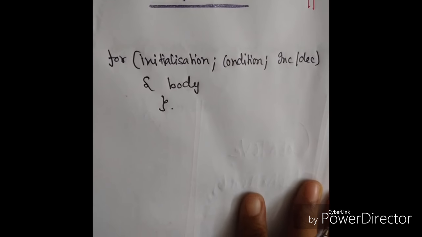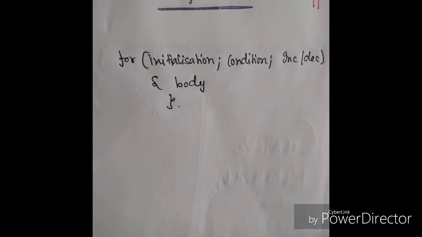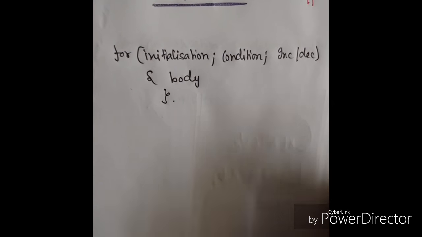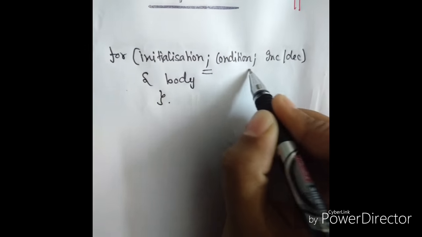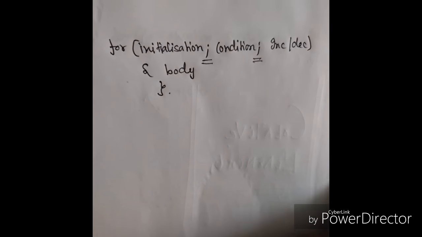So we can see that in a for loop there are 4 parts: initialization, condition, increment/decrement, and its body. One thing we should see in the for loop is that all the 3 components, that is initialization, condition, and increment/decrement, are separated by semicolons. I repeat, semicolon.